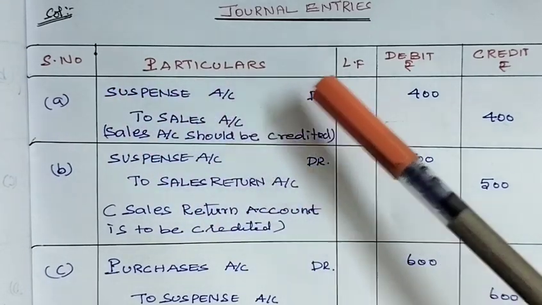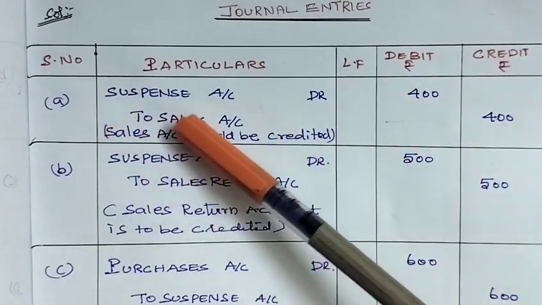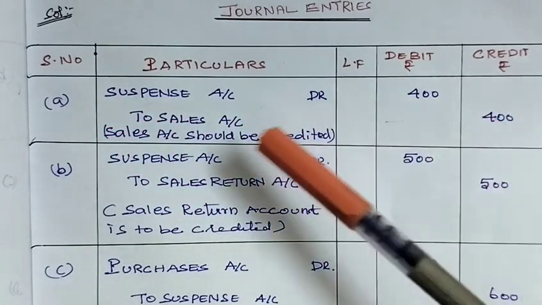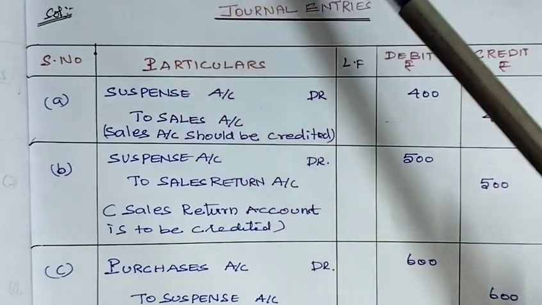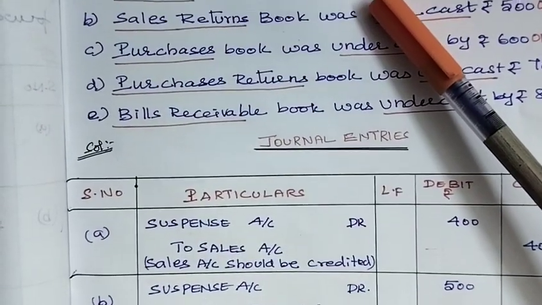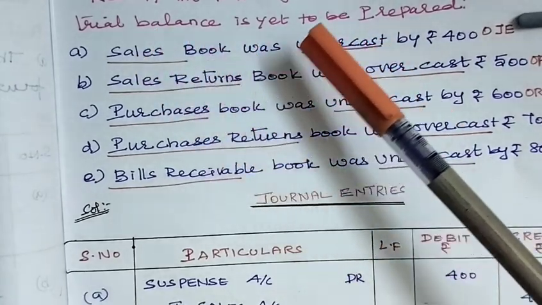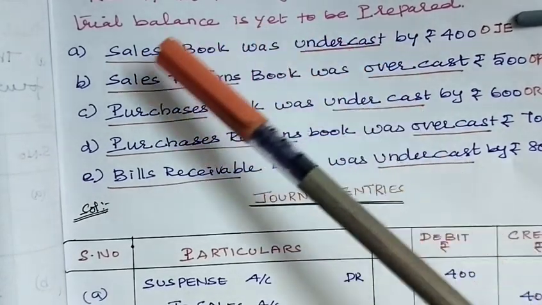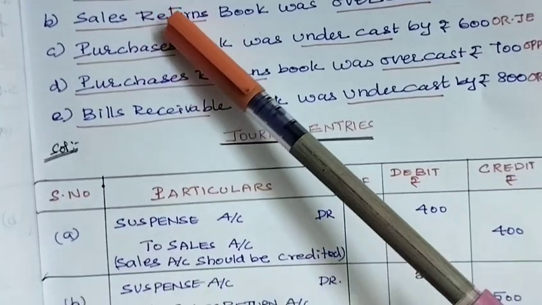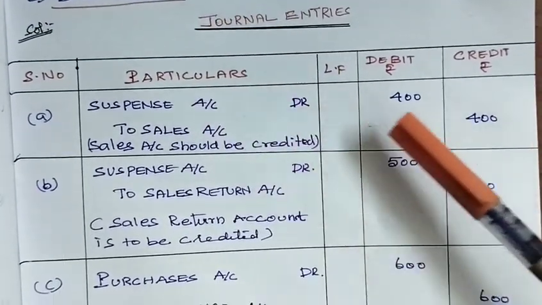Suspense account Dr. 400 rupees to sales account 400 rupees. The sales account was undercast, and we rectified it by following the original entry. The error will be rectified.